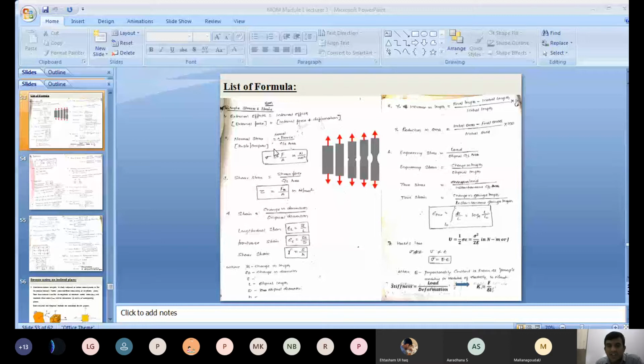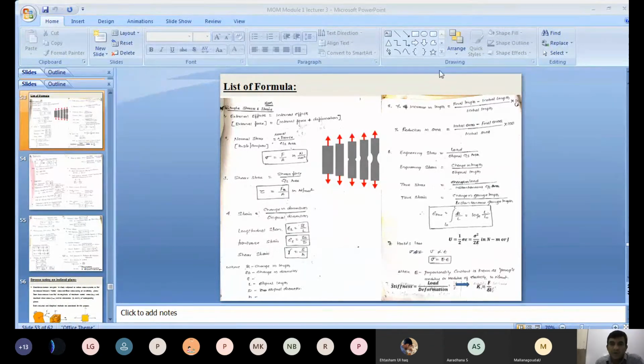Now see the percentage of reduction in area. Which area is more, initial area or final area? Initial area is more. So initial area minus final area, whole divided by initial area, multiplied by 100, gives the percentage. Now remember these two formulas.